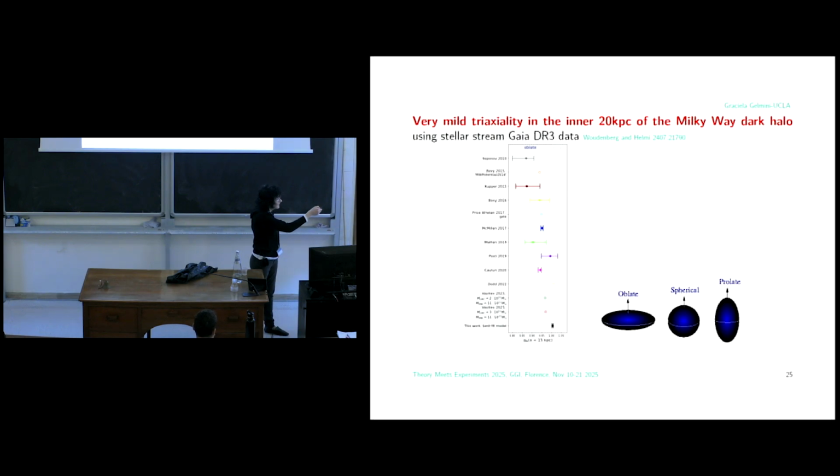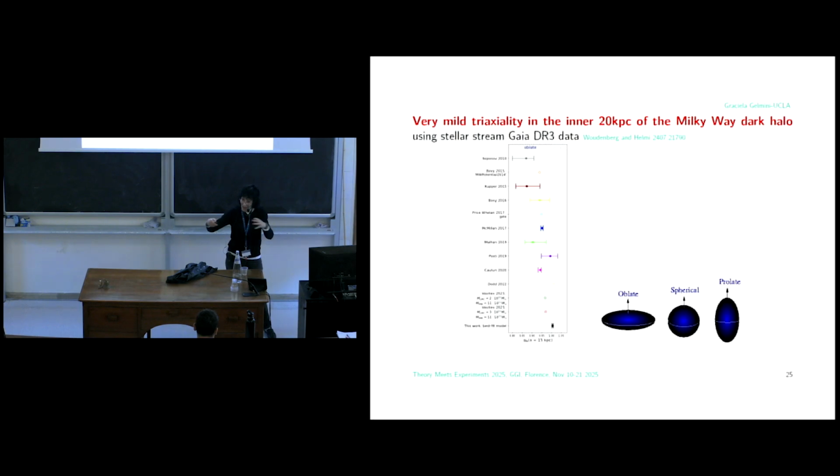So there have been many different measurements, starting in 2010 and so on, going up to now. This is their result. You see that their result is almost spherical at the location of Earth, within the inner 20 kiloparsecs. It's not really understood if the oblation or prolation is the same all along, or if it changes with the radius.